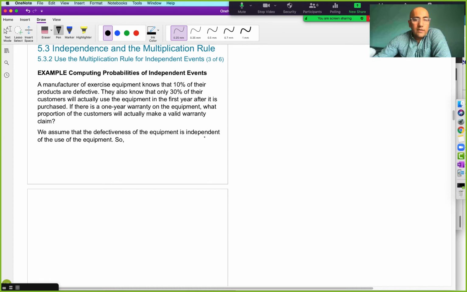Now, the forces in the universe that make this device faulty, and the forces in the universe that make this person be lazy and not actually try the equipment, are those dependent in any way? Are they associated in any way? No?